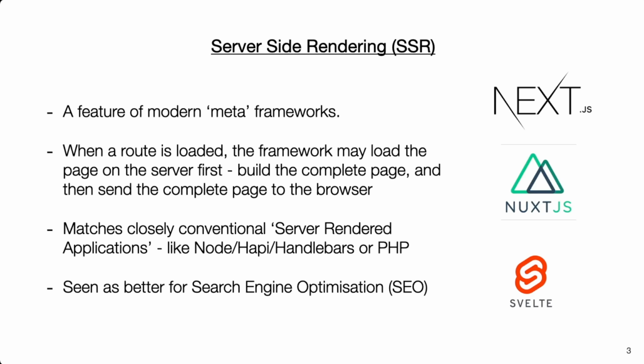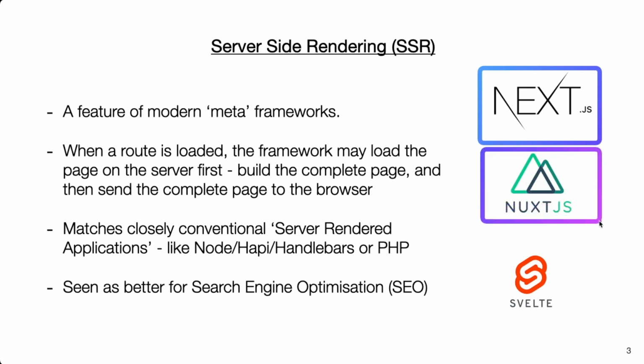And server-side rendering capabilities are appearing in all three frameworks under the guise of what are called meta frameworks. For React, that meta framework is called Next. So it's React plus routing and other things. For Vue, that framework is called Nuxt. So you see it's a play on what's going on here.